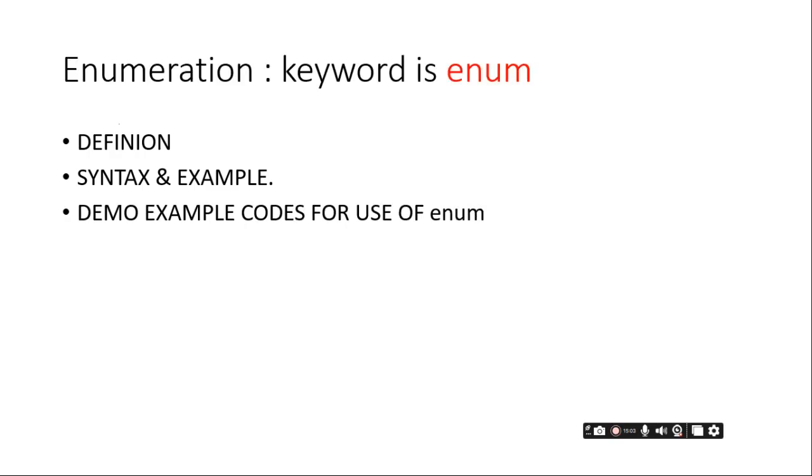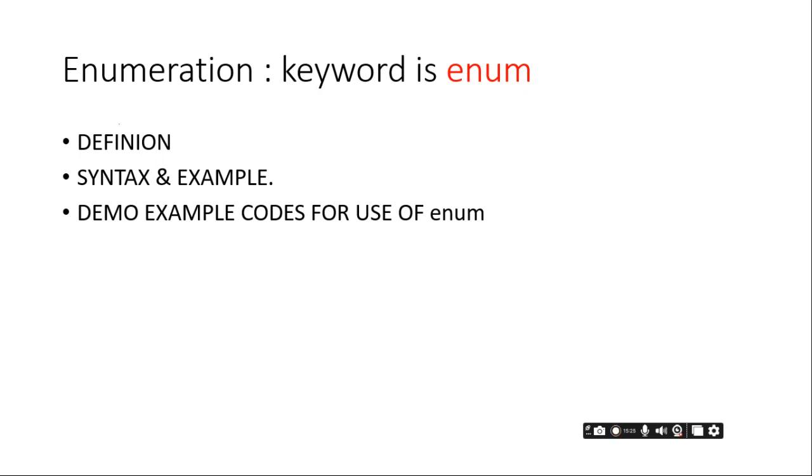Next, a small part of advanced C programming, that is enumeration. Enumeration is also one more type of user defined data type, which is nothing but a collection or set of different data elements under one name starting with the keyword enum.